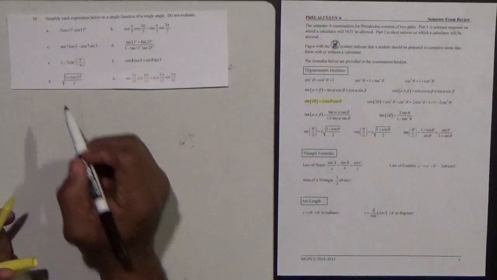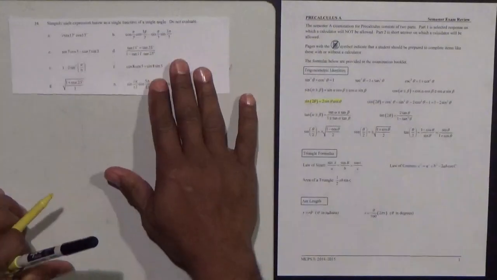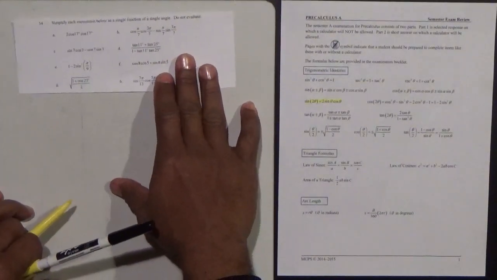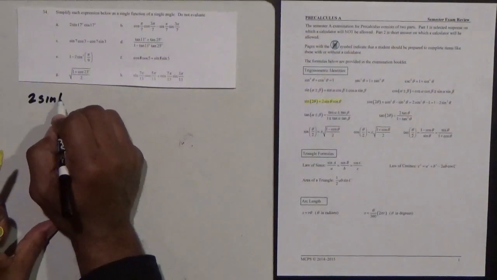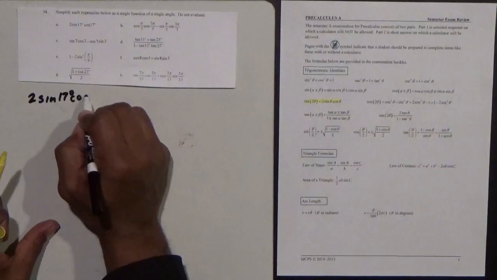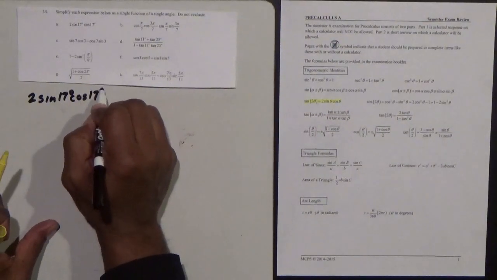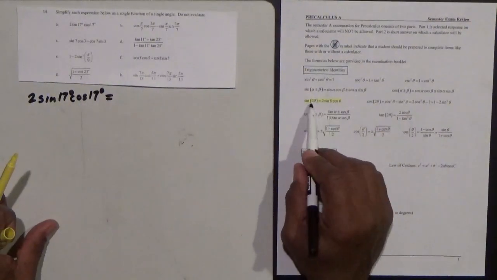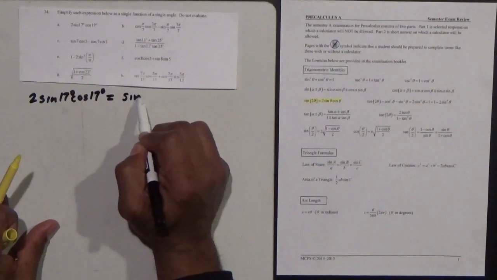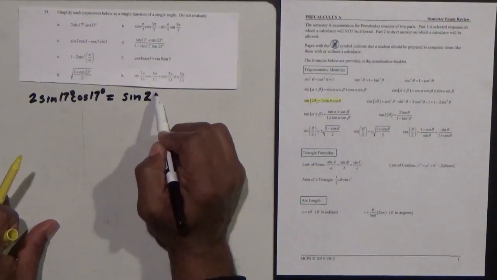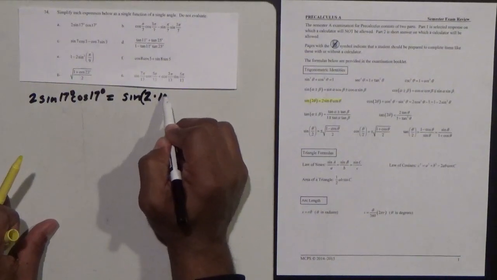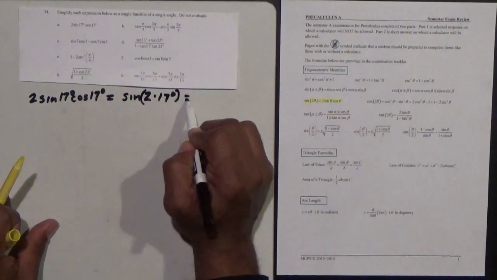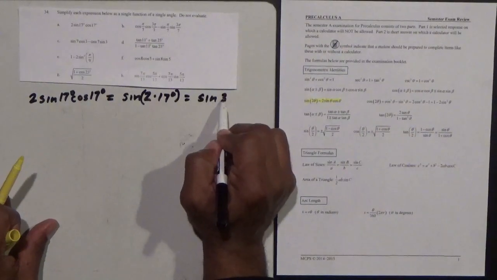I'll do it down here. 2 sine 17 degrees, cosine 17 degrees translates using sine 2 times 17 degrees, which means that this is sine 34 degrees.